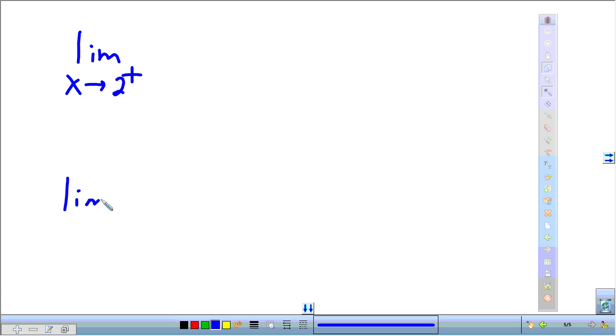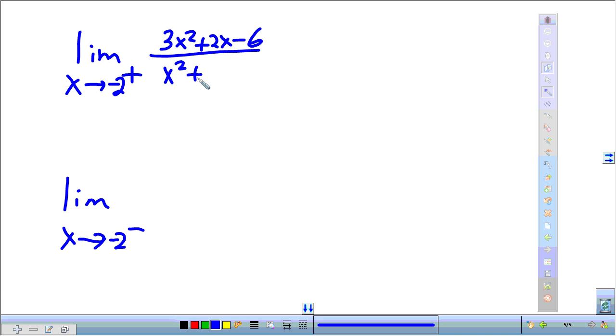And so what's true of rational expressions is that if we look at the right and left limits, they will come up as either a division by a 0 plus or a 0 minus. Okay.